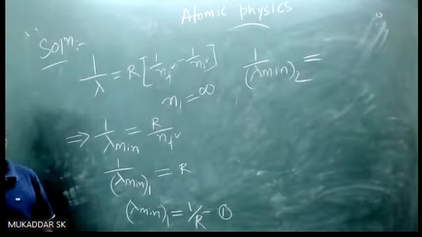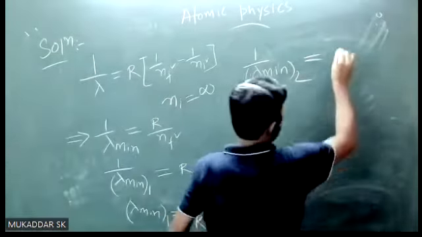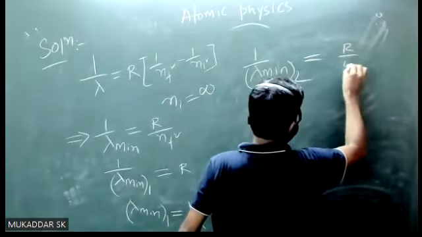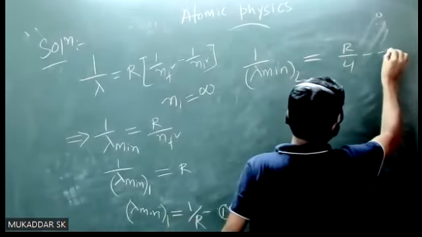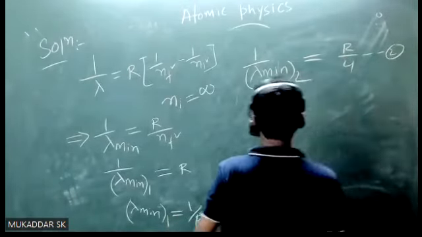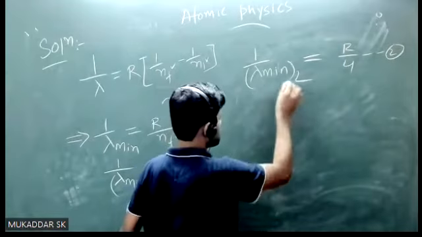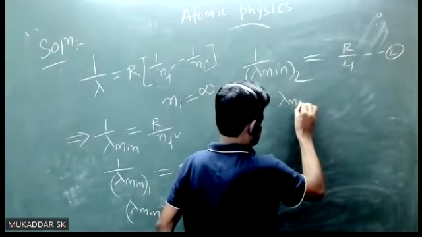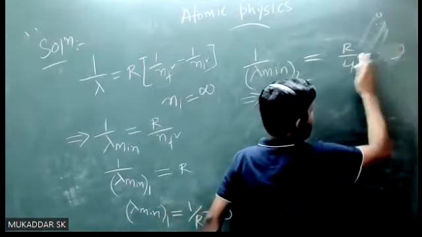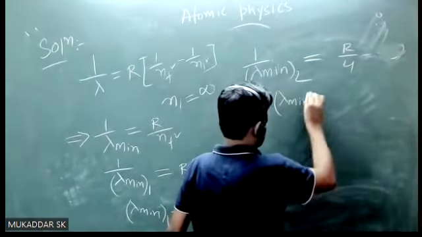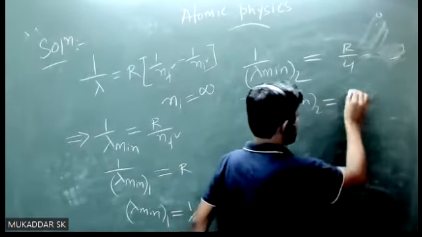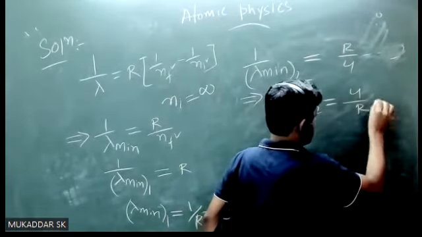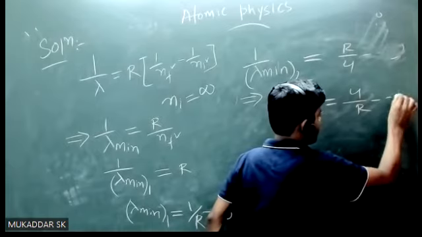So R by 2 square means simply R by 4 for hydrogen atom. And let us assume this is your equation number 2. So from here you can easily get lambda min 2 will be nothing but 4 by R.